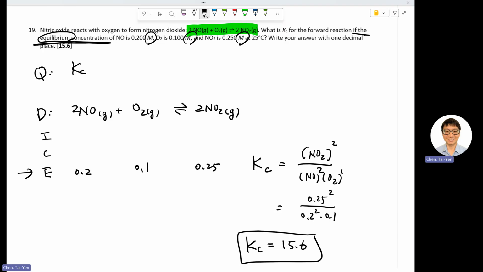If you understand how to do all these questions, not just memorize but understand the logic, you can get the majority of the points already. You don't need anything else.